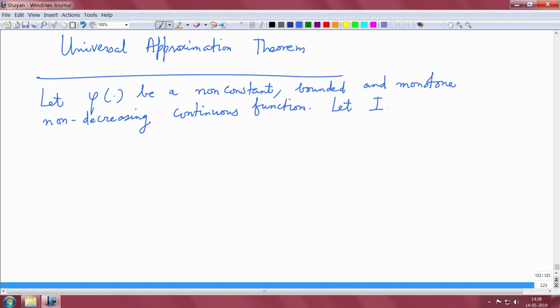Let I_m0 denote the m0-dimensional unit hypercube.